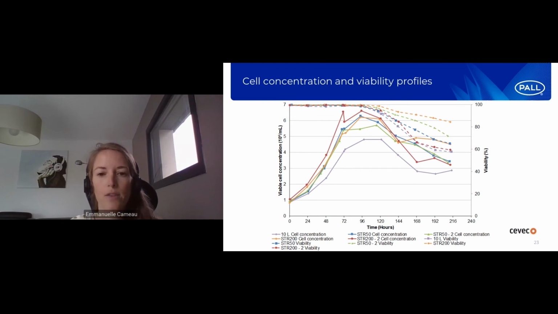And you can see that overall we have very good scalability between the STR 50 and the STR 200, and we even reach higher cell densities and better viability than in the 10-liter benchtop bioreactor.